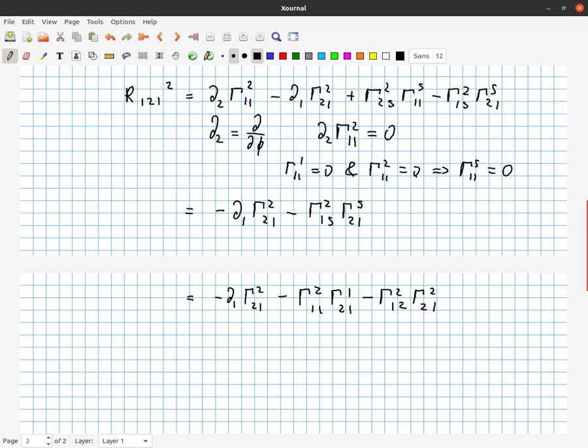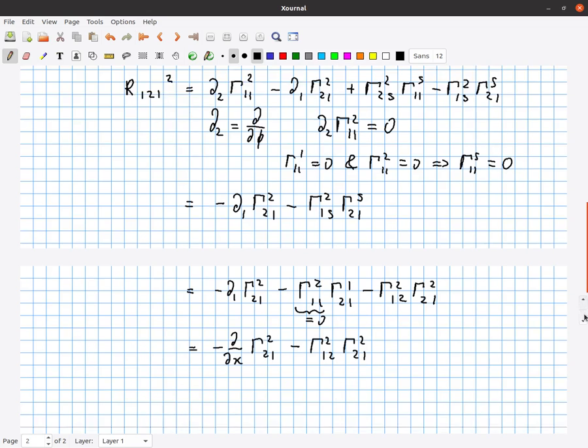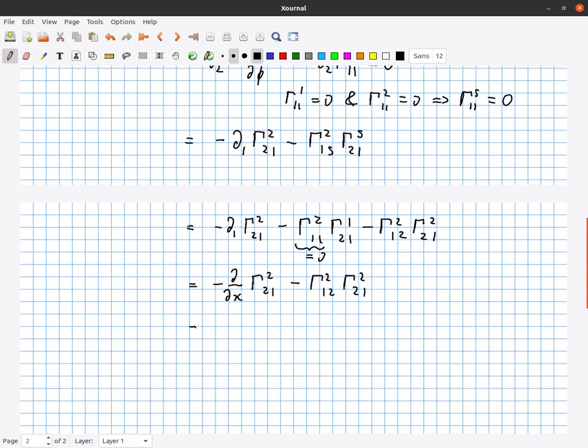We've said here already that gamma 2, 1, 1 is 0. This term is 0. So we are left with d over d kappa of gamma 2, 2, 1. This is 0. And so we have only left this term here, gamma 2, 1, 2 gamma 2, 2, 1. No further simplifications can be made.